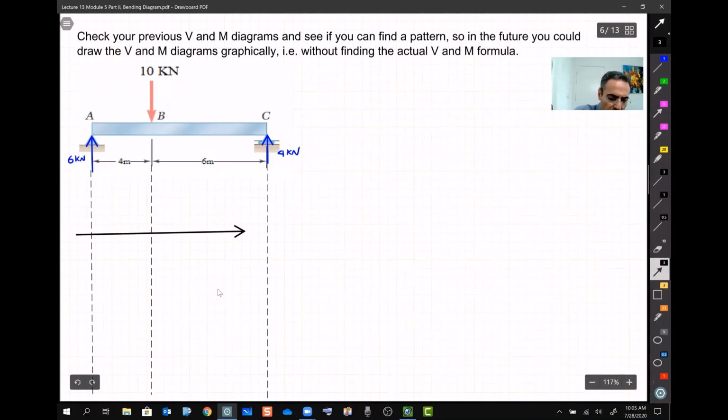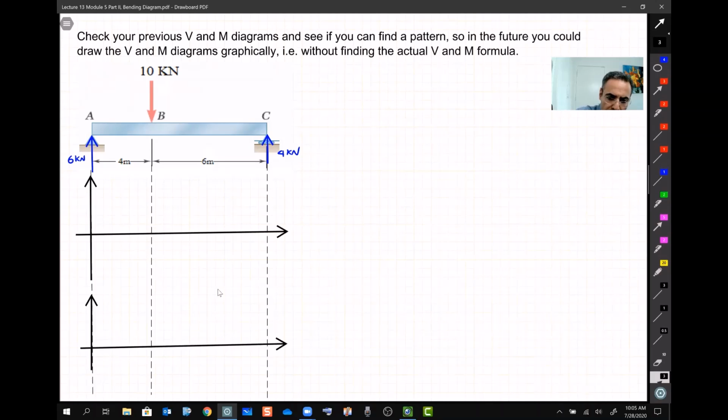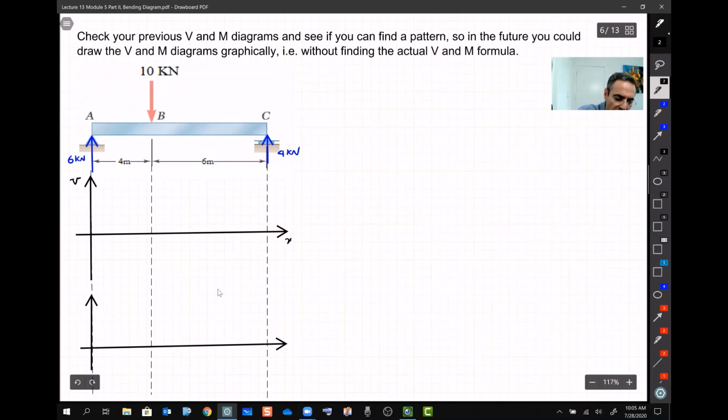So we want to draw V and M. So this is V versus X, and M versus X. I'm just going to follow what we just learned for the graphs.